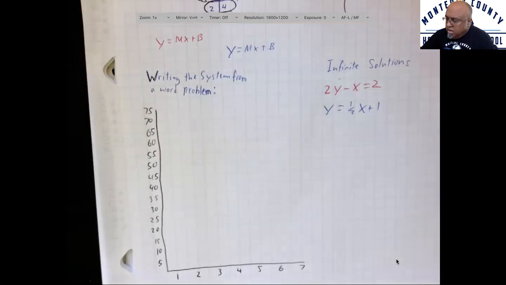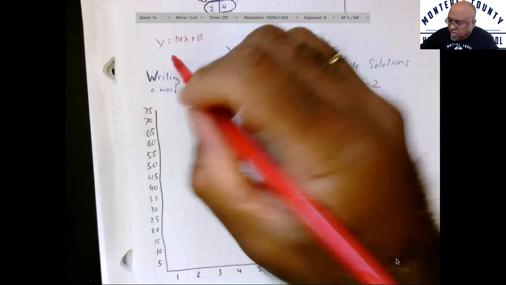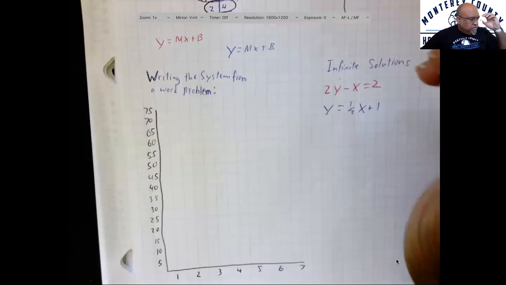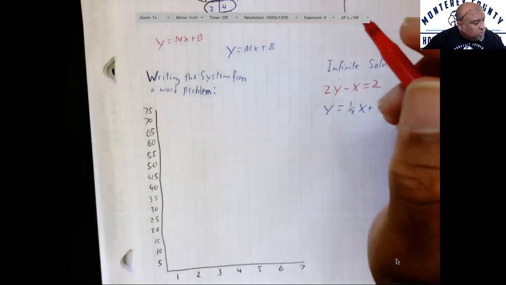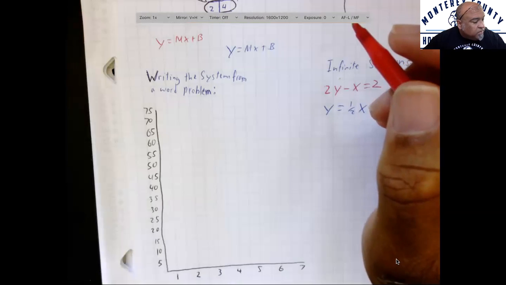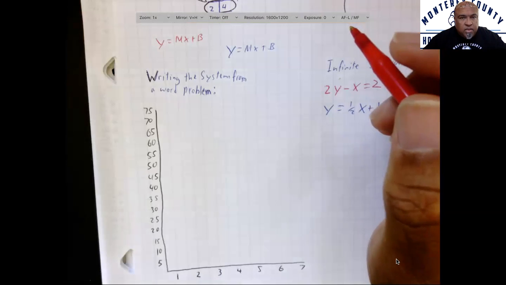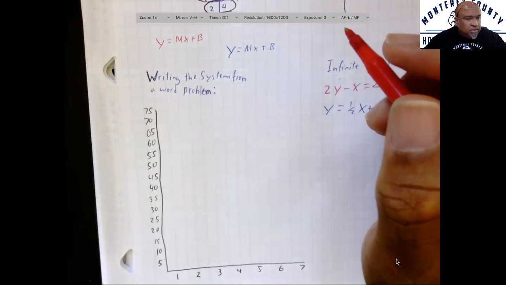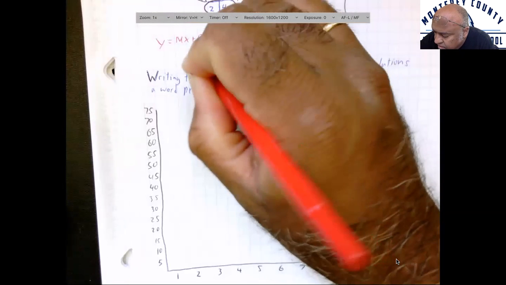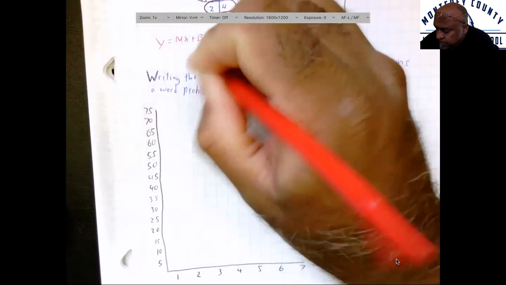Okay, so my first line, I'm going to use the formula y is equal to mx plus b to come up with an equation. Now in the problem it said, one service charges $10 per month plus an activation fee of $20. Now the word plus is an indicator that plus something would mean plus b. So that's going to be plus 20.